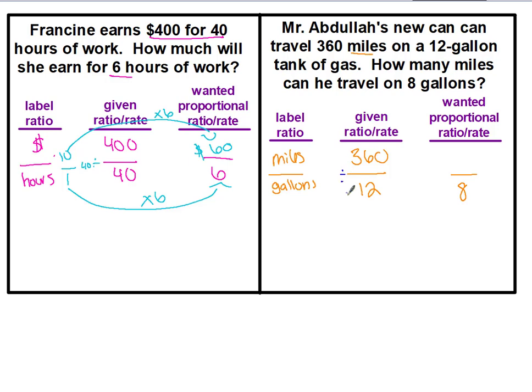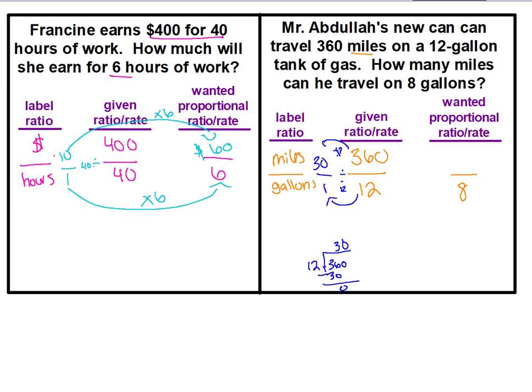So I can divide by 12 to find how many miles the car travels with 1 gallon. So let's divide this by 12, right? So 360 divided by 12. I'm going to quickly do the math here. 360 divided by 12, that's 30. So his car travels 30 miles for 1 gallon.